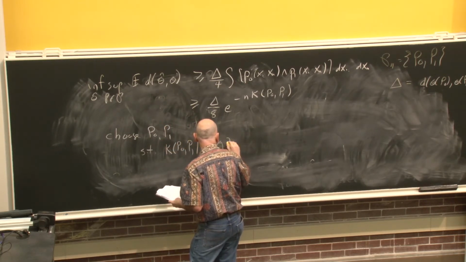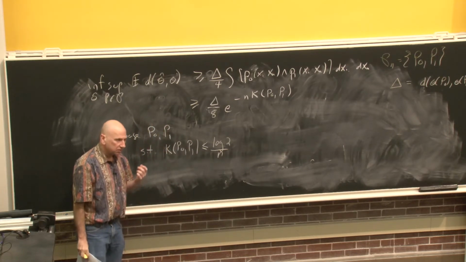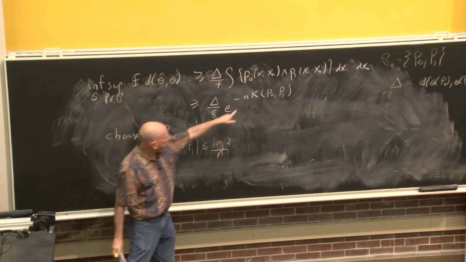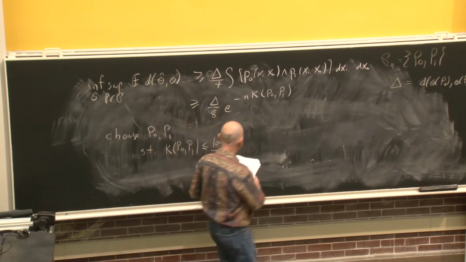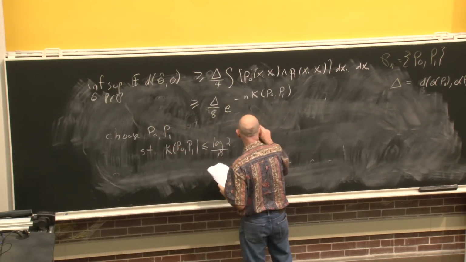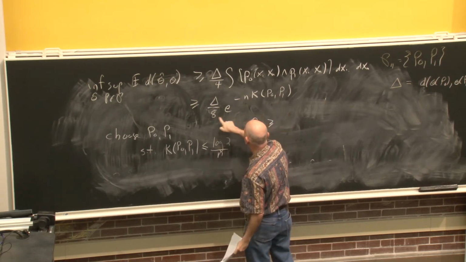Let's be specific here, say log 2 over n. Okay, in that case, what happens when I plug this in? This becomes like a constant. So in that case, we get that the minimax lower bound is bigger than or equal to, this will become a half, and there's a delta here.